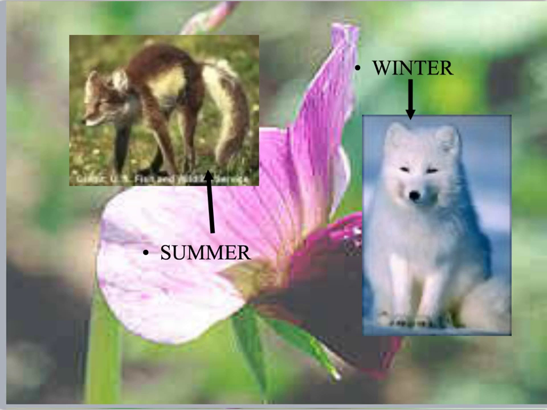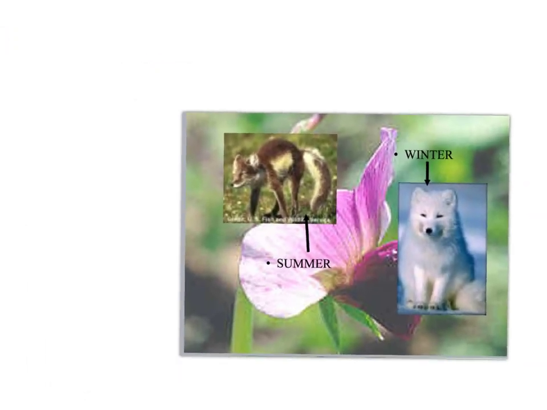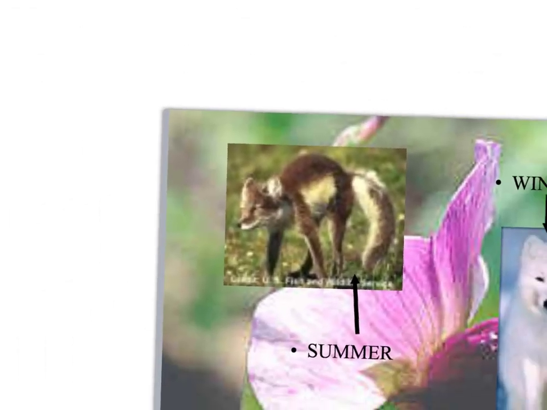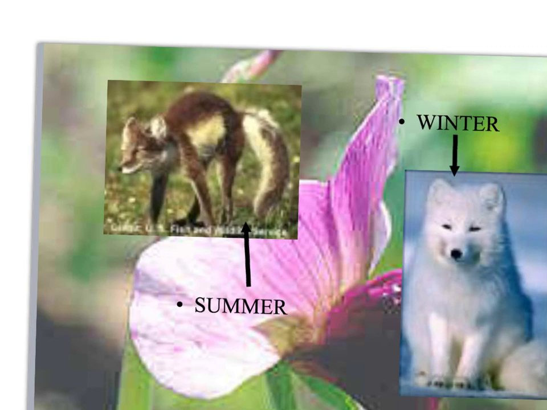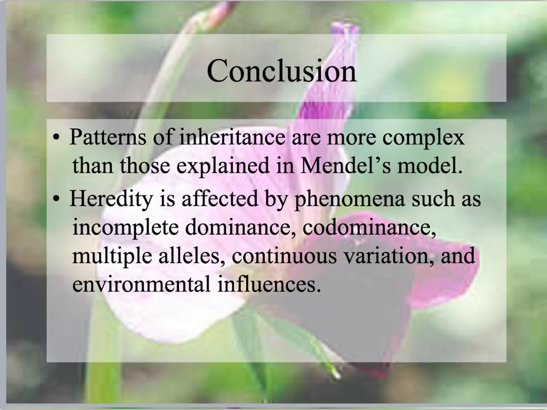All right, so then you can kind of see these two examples here. The winter fox, okay, has its white fur influenced by the environment, and there's the summer coloration. So the environment, along with your genetics, actually factor into the expression of a particular trait. Guys, the idea is this, that when you take a look at Mendelian genetics, it's a little bit more complicated than initially thought.